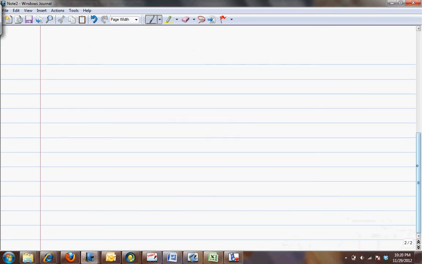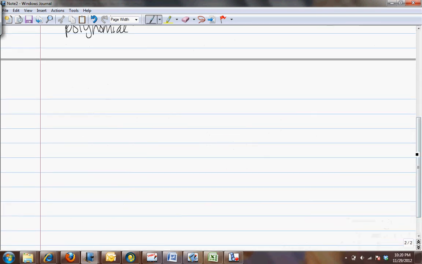Some other definitions we need to know before we can really get started. Asymptotes. I'm sure you've heard of these, but an asymptote is a line to which a graph gets closer and closer and closer to, but never actually touches.